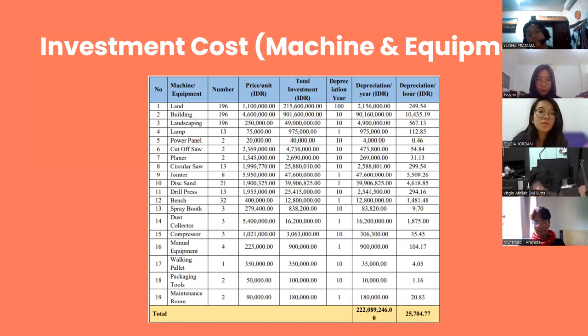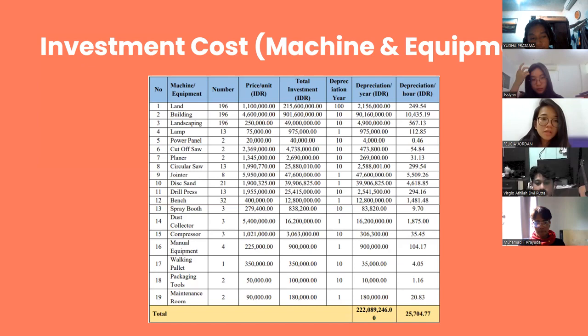So next, we calculated the investment costs for the machines and equipment in the production floor. As you can see here, there are a total of 9 investments, which include the following machines and equipment seen on the table.